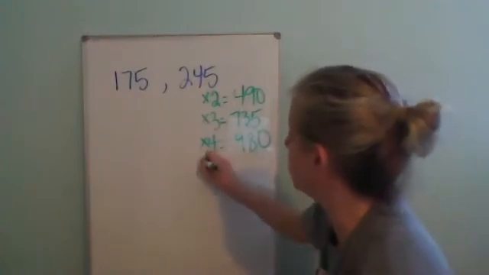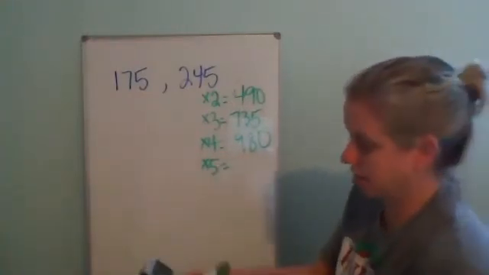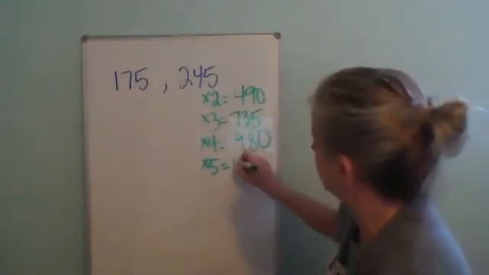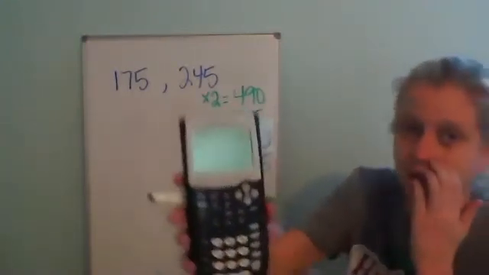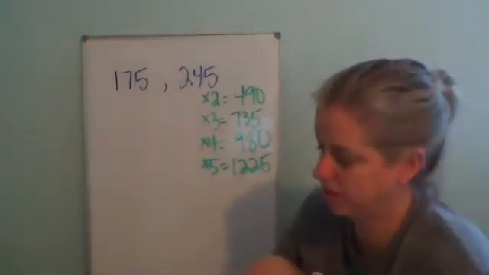And this way is most of the time faster than the other way. And it's definitely easier. So let's see, 245 times 5 gives me 1225. So I'm at 1225. Let's divide that by 175.